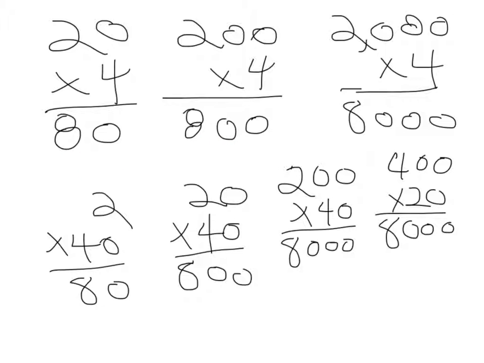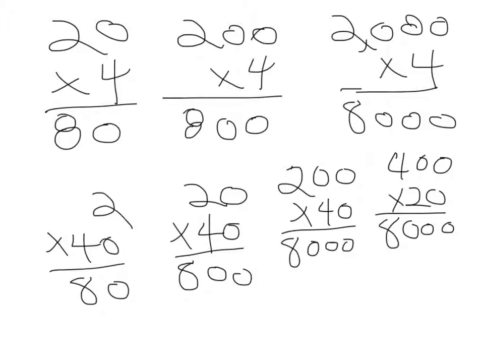But they're directly related to the number of zeros in the factors that I multiplied. Here I had 1 zero in this factor, and my product ends up with 1 zero. 2 zeros, 2 zeros. In the number 2,000, there are 3 zeros. There are no zeros in the number 4, so I end up with 3 zeros in my answer.